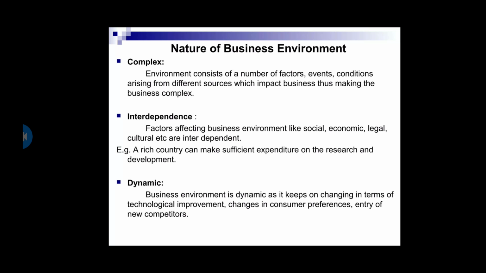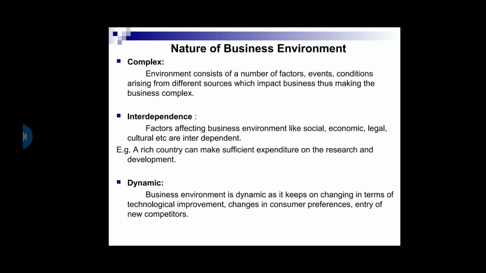Now, if we discuss the nature of business environment, then it is very complex in nature because it consists of n numbers of factors which affect the growth and workings of a business entity. So, it is not simple, it is very much complex in nature.